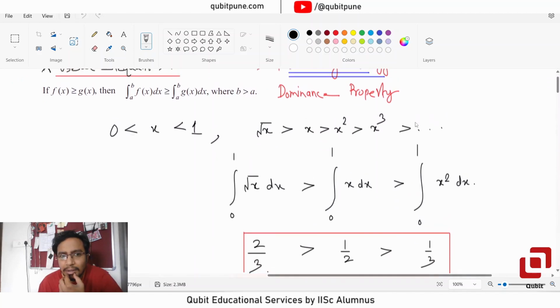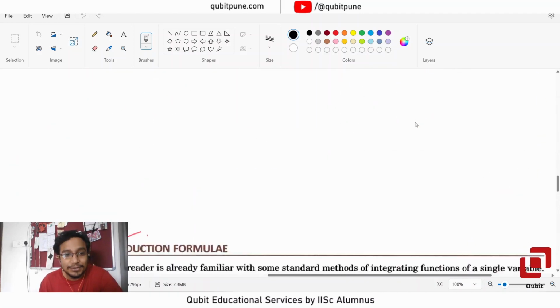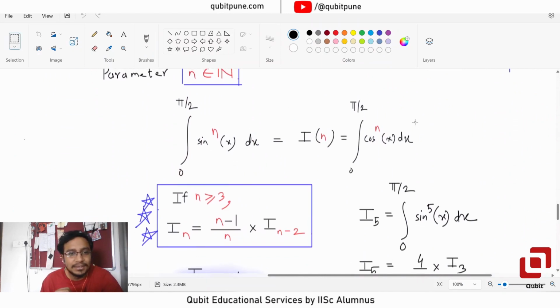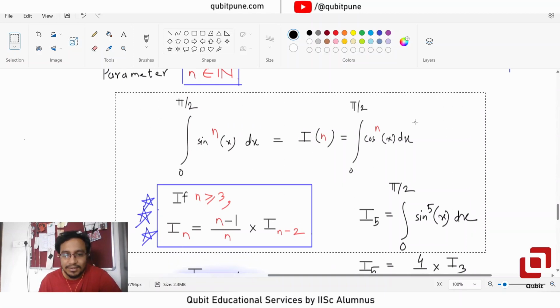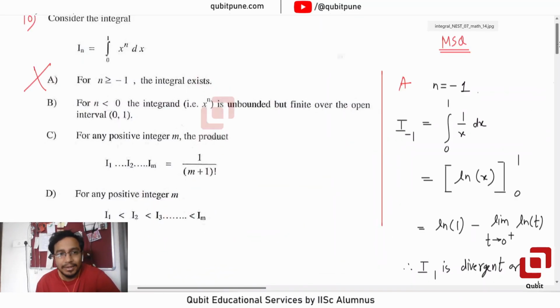In that reduction formula? No. That formula works only for sine raised to n x. Got it? Don't confuse things. Don't mix up things, okay? So he is not right.